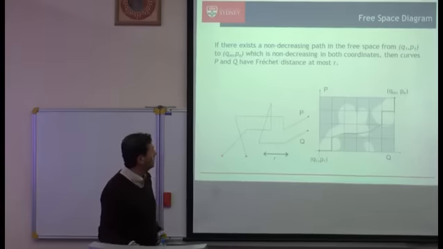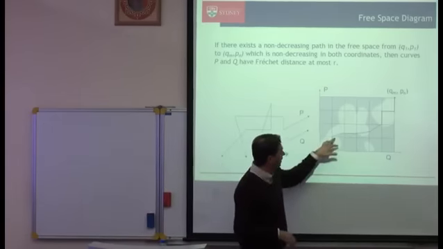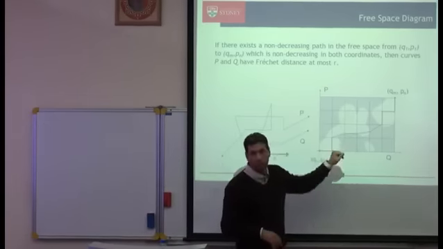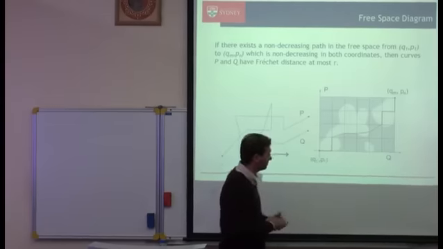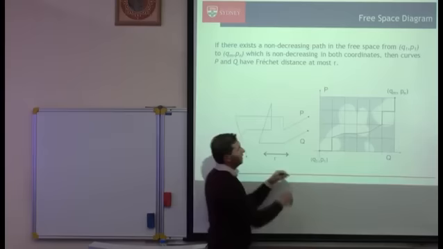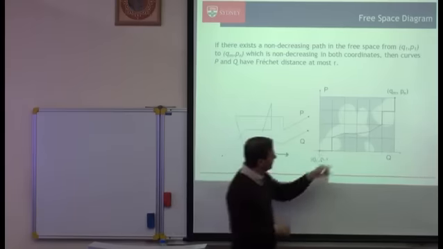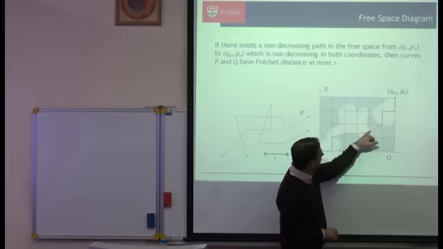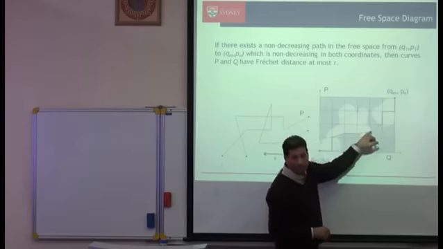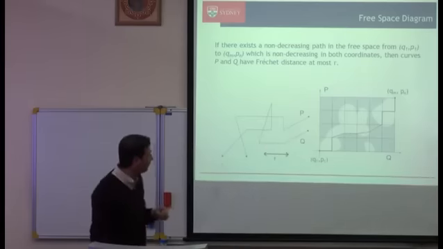Okay, so in this case, I found an XY monotone path in the white space. If my R is this, then this is the free space, and there is a little bit of a white space tunnel here that I can use to get an XY monotone path. So what does that actually mean?